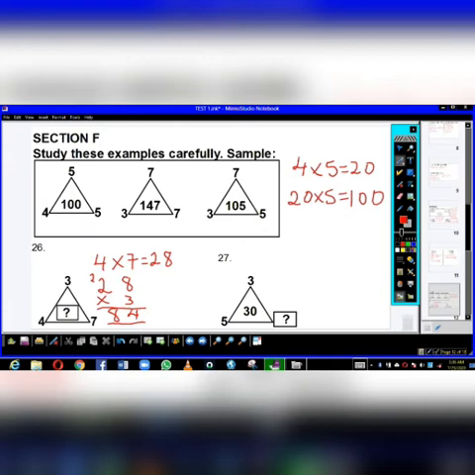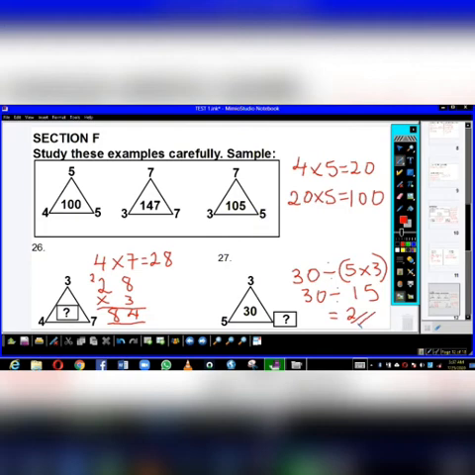Now how do we find the value of the missing number in 27? Here we are going to say 30 divided by open brackets 5 times 3 close bracket. 5 times 3 will give us 15, and 30 divided by 15 will give us 2.